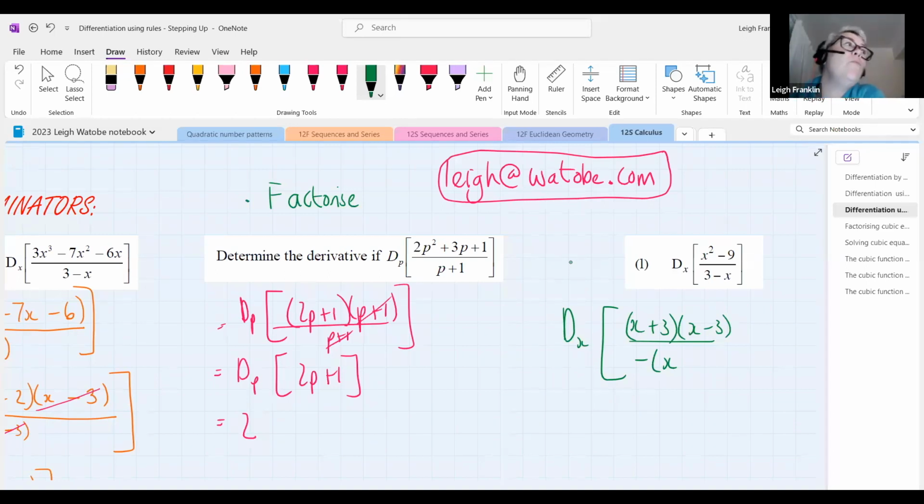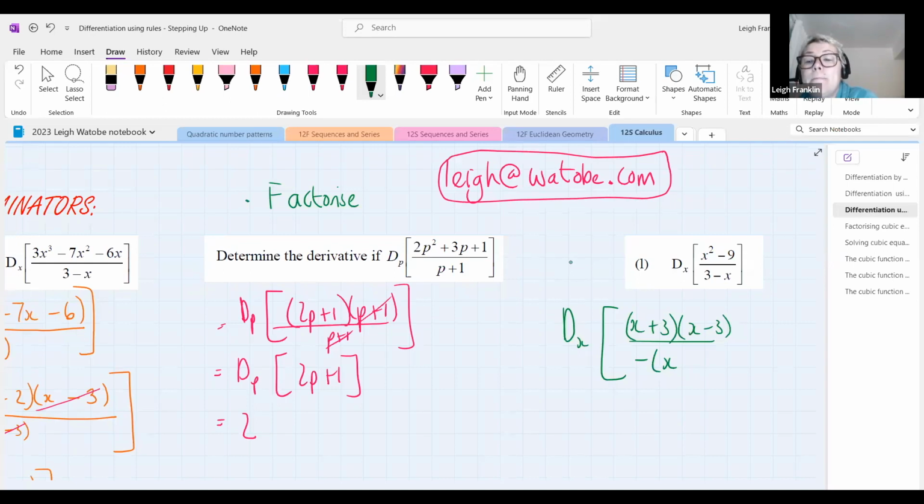There's normally 1 penalty mark for notation. They also penalize you on first principles if you drop your limit notation too soon, or if you show that h is equal to 0. So you've got to be very, very careful. You've got to keep your original notation until the line in which you apply your derivative.